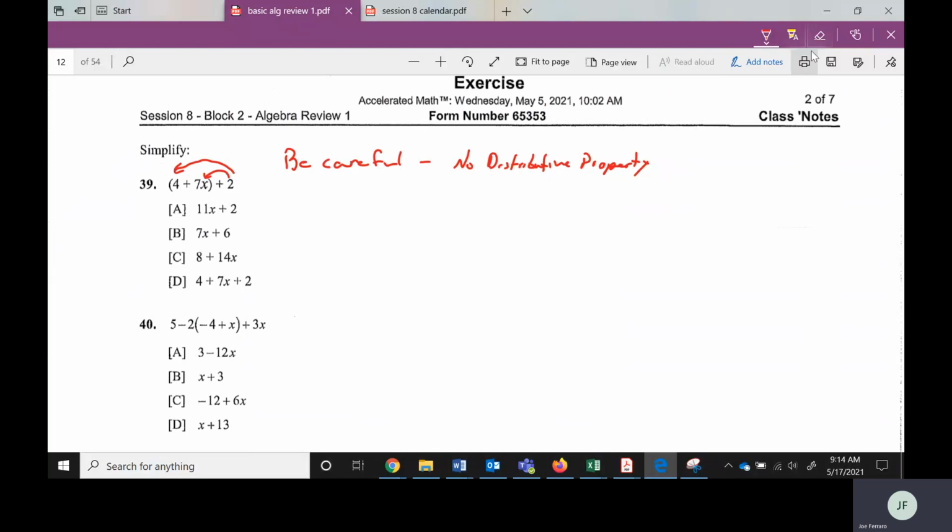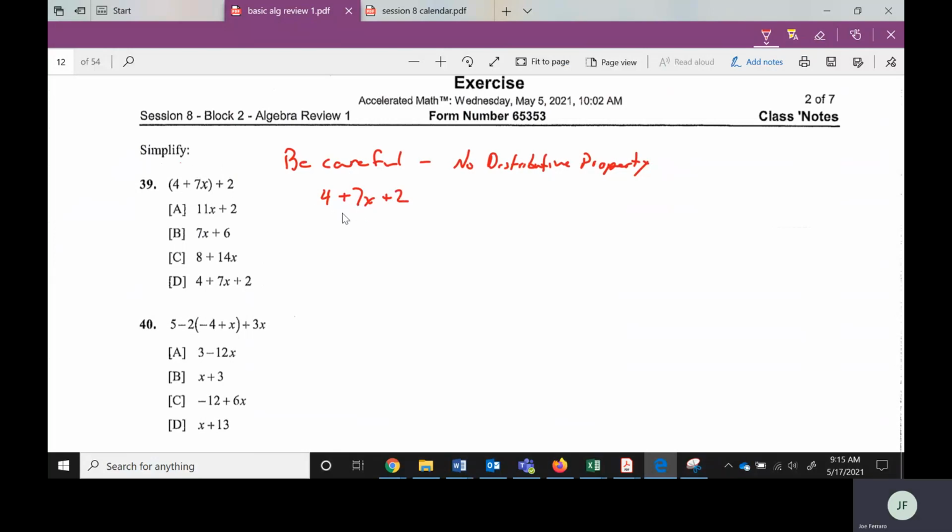And they think they got to do that. Not on this problem, because the number is not right next to the parentheses. There is a plus there. So really, these parentheses don't mean anything in this problem when there's a plus there. So that and this are the same. If the number was right next to it, then we'd have to do that.